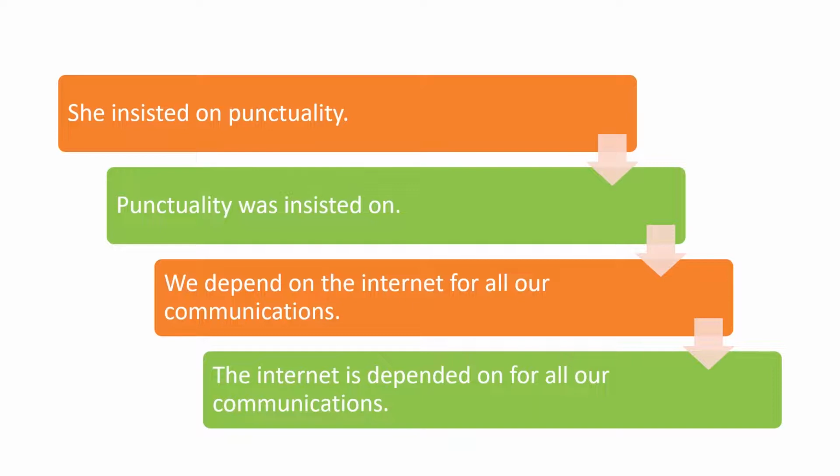Okay, look at the second part. We depend on the internet for all our communications. The internet is depended on for all our communications. Depend here is the simple present, so we have verb to be is plus depended, which is a regular verb with ed, on for all our communications.